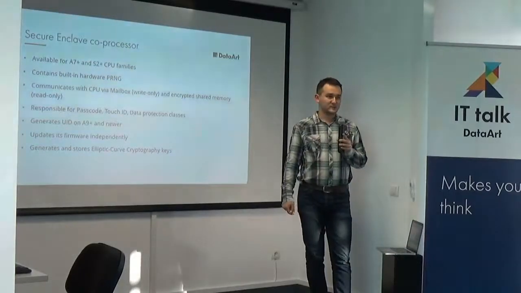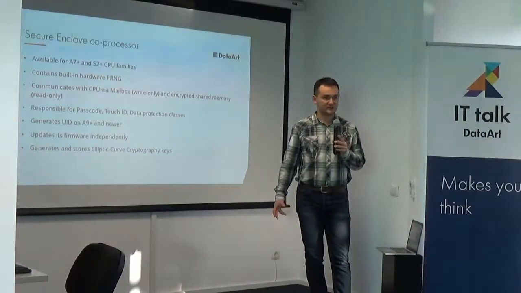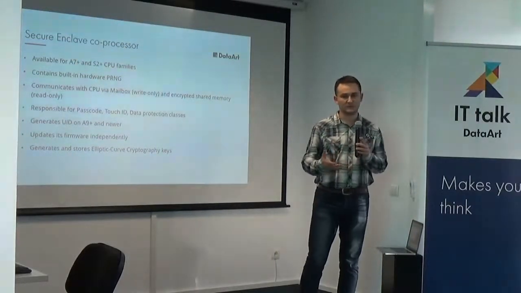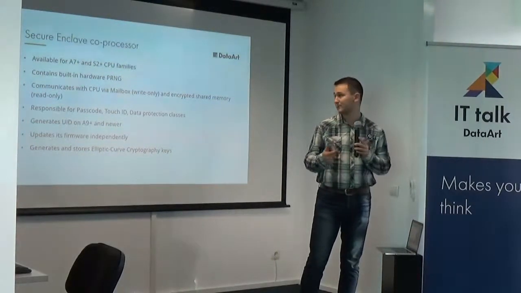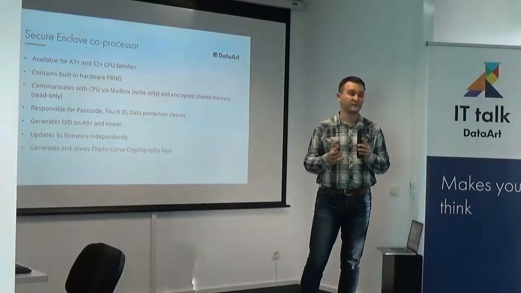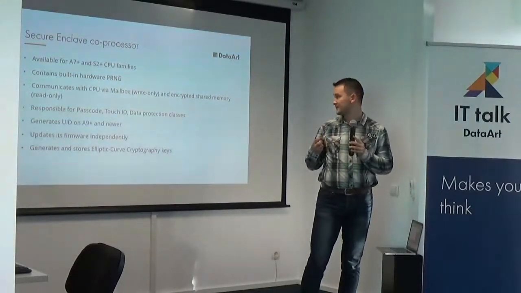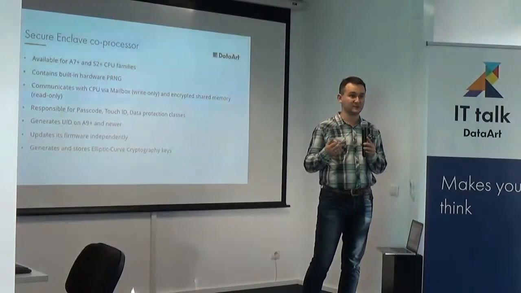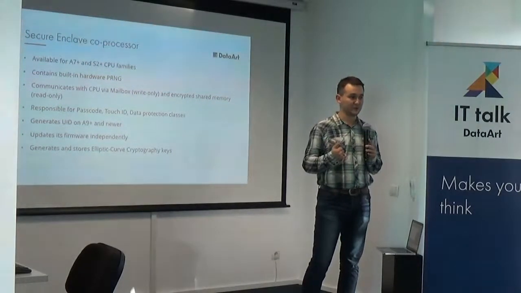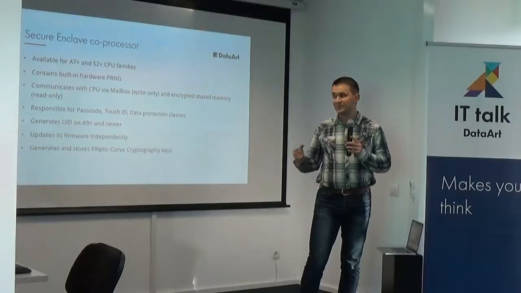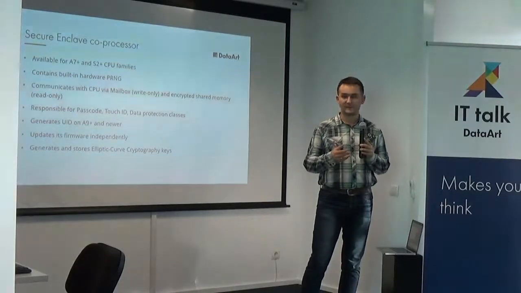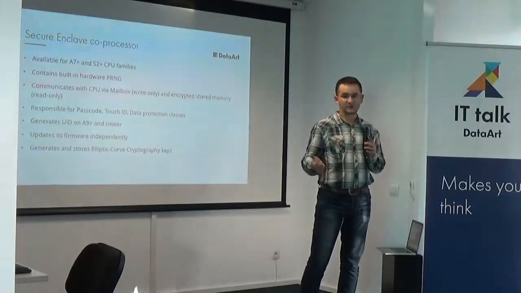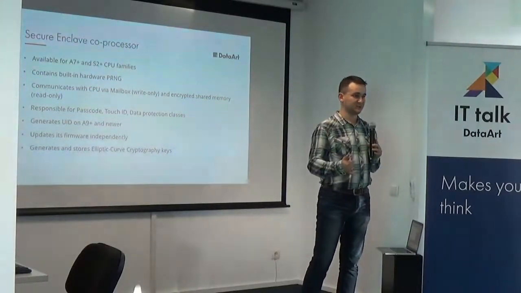It communicates with the main central processing unit via the mailbox pattern, so it sends messages to a secure area of memory and grabs the same messages from another secure area of memory. All this is managed by hardware interrupts. Secure Enclave is also responsible for passcode, Touch ID, Face ID, and data protection classes.